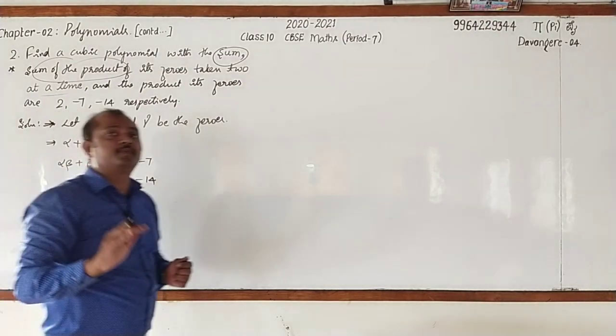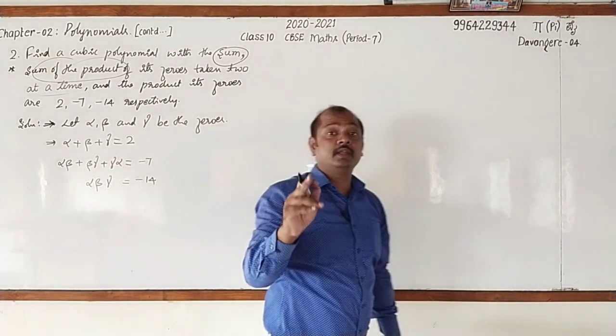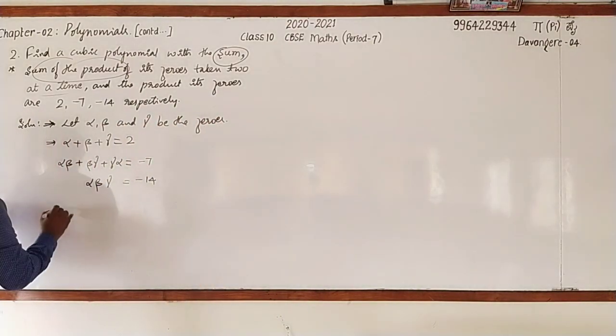Then what is the general form of a cubic polynomial when its zeros are known? Here I write.